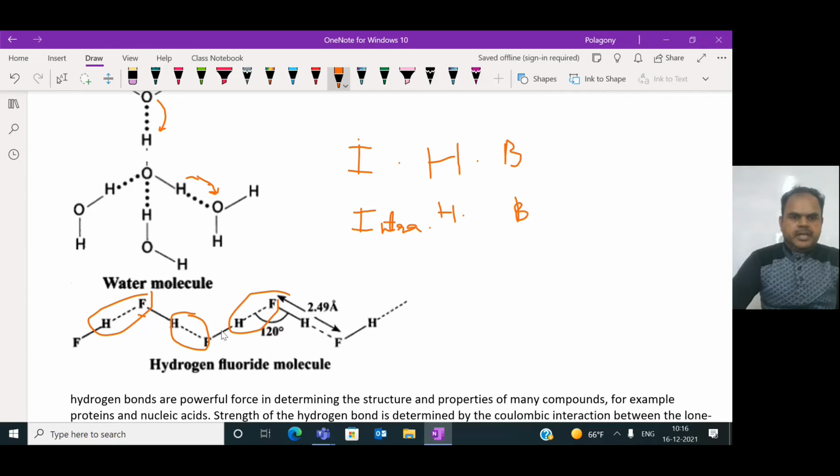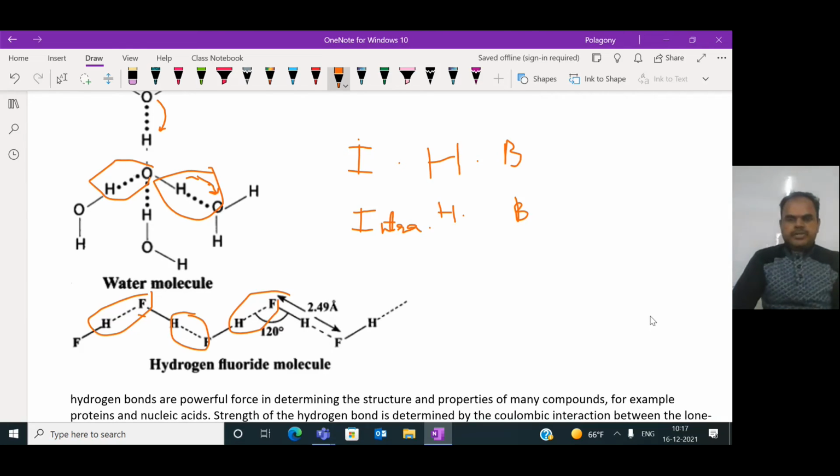So between two identical molecules, between hydrogen and fluorine, there is an intermolecular force of attraction. Between hydrogen and oxygen, between two same molecules, this is one water molecule, this is another water molecule, and between them there is an attraction force. This is the hydrogen bonding, which is represented with dotted lines.